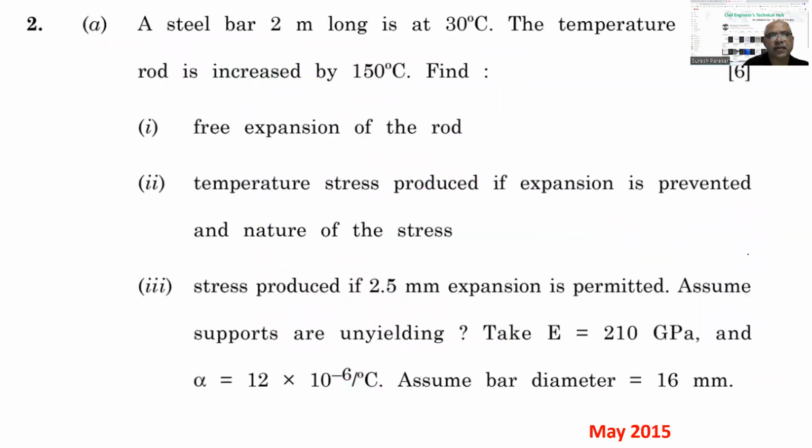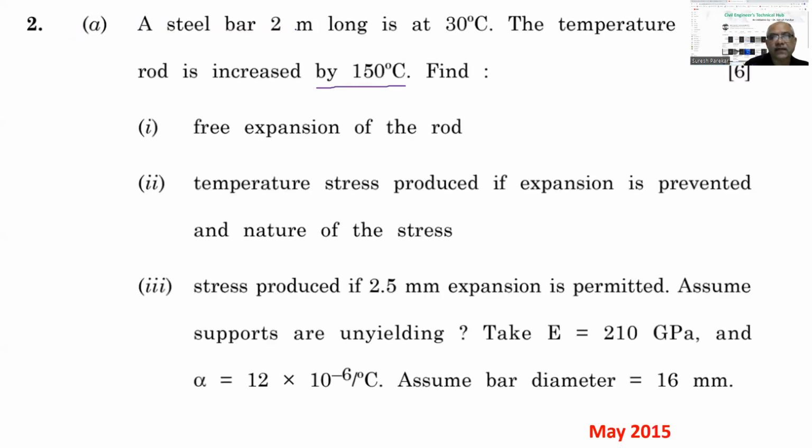Then we have another problem. A steel bar 2 meter long is at 30 degrees centigrade. The temperature of the rod is increased by 150 degrees. Now we have to find the free expansion of the rod. So we will write the given data.